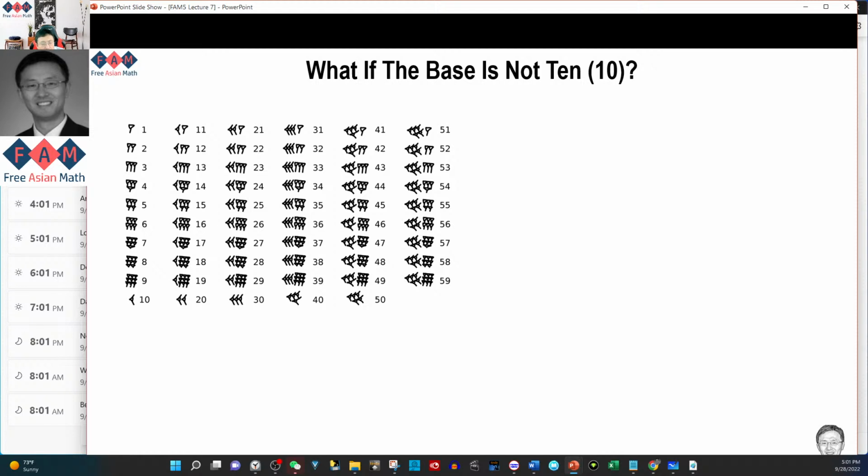The Babylonians, way before the Hindu Arabic system, invented something called base 60. You can see how difficult this is to represent their numbers. They have 60 different symbols, and they all look kind of similar, but they are different. This is how they use the 60 symbols in their base 60 numeral system.